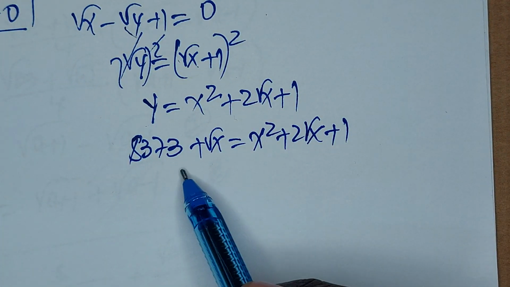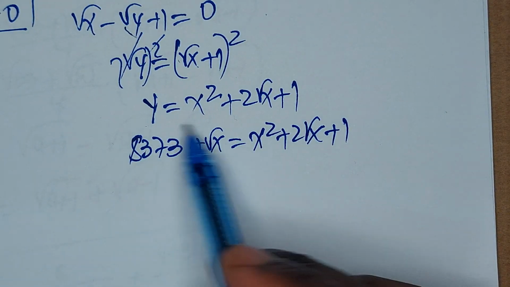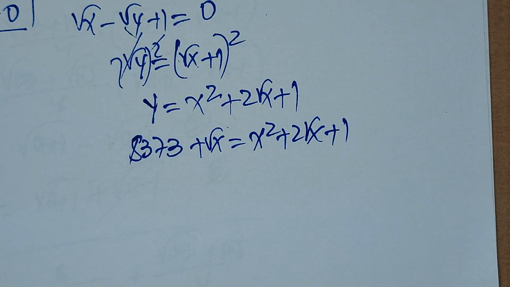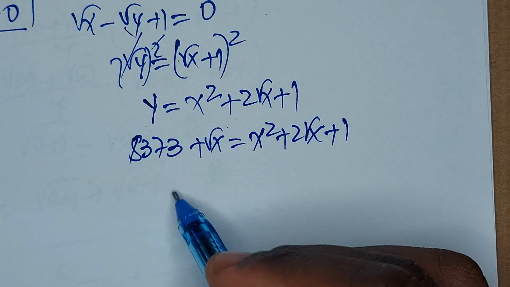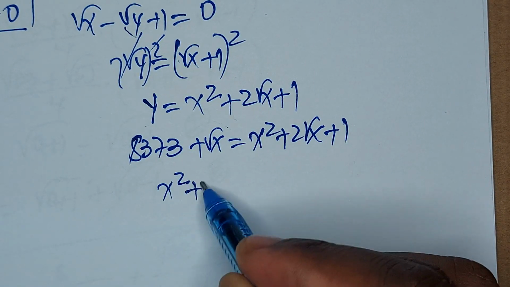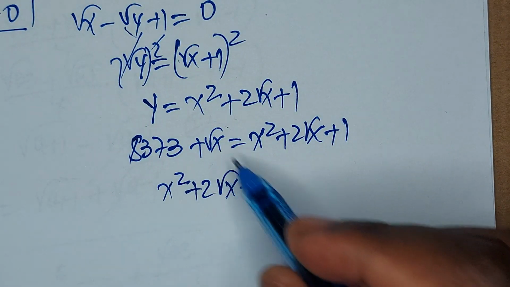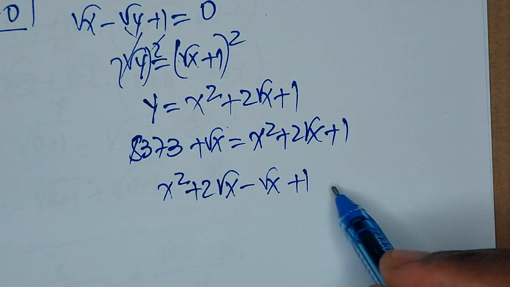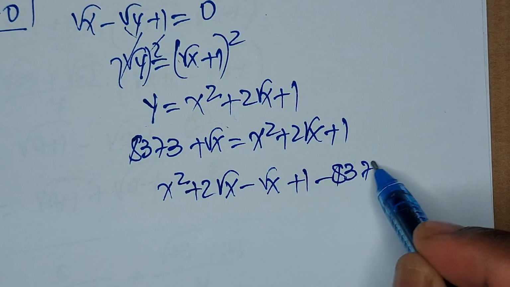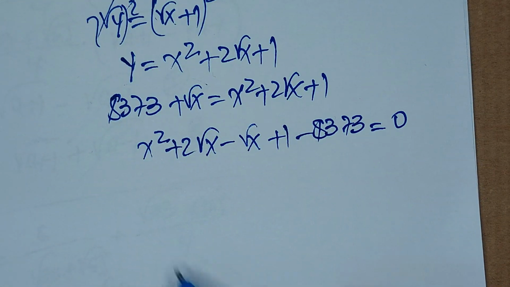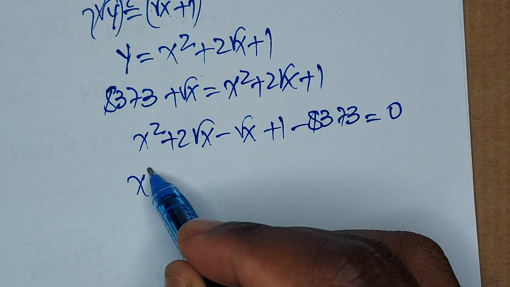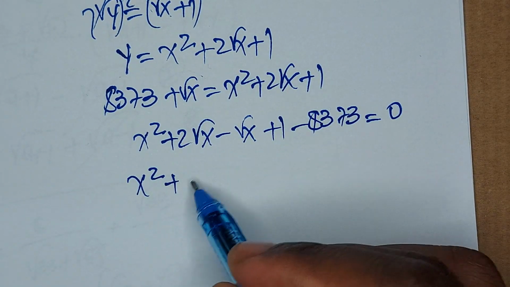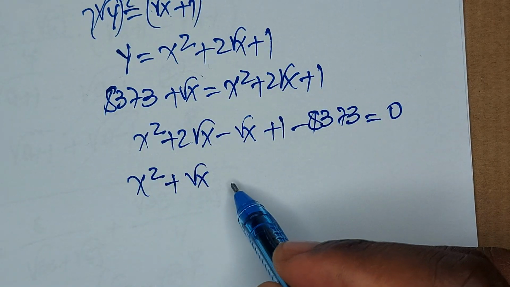Now I'm going to send these terms to the right side of the equation. So on the right side, we're going to have x squared plus 2 square root of x, minus square root of x, plus 1, and minus 83/73, and this is equal to 0. So this would give us x squared, and this would give us square root of x.